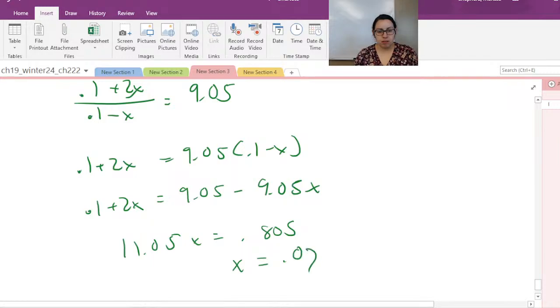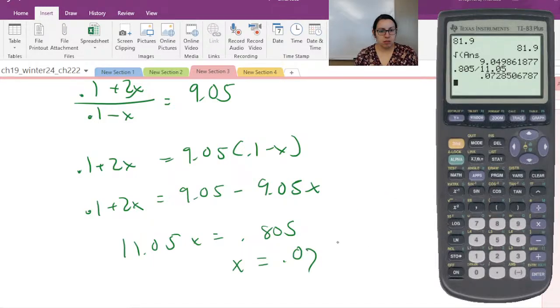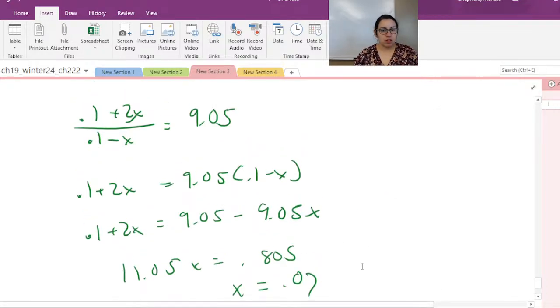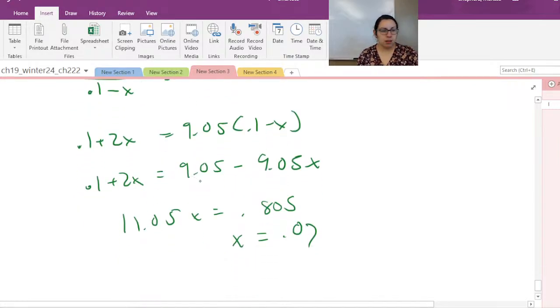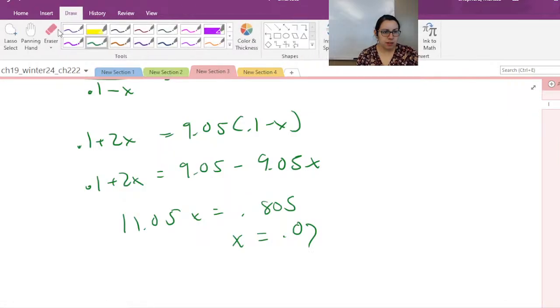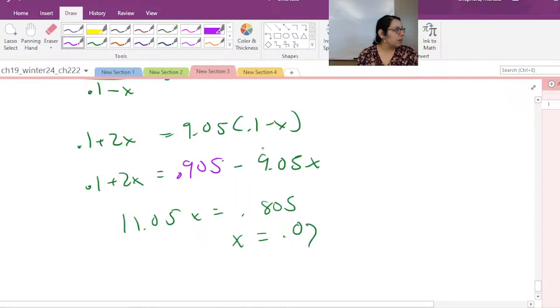How did you get that extra 9.05? So got to here, and then I multiplied everything by this 0.1 minus x. So then distribute this, right? So then you get 0.905 minus the 9.05x, right?